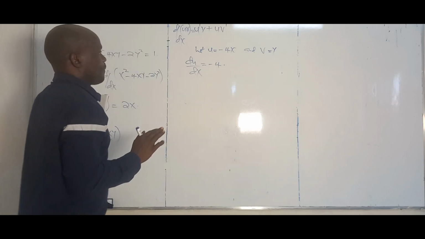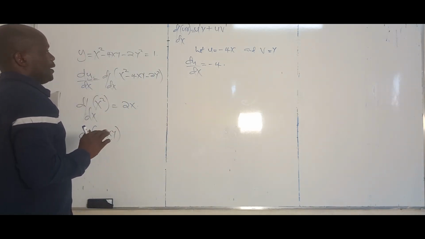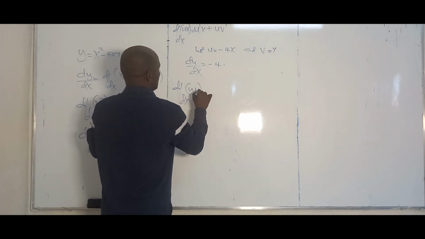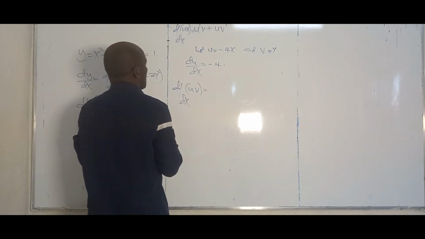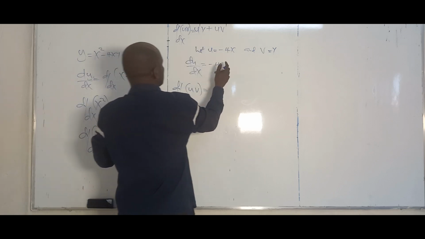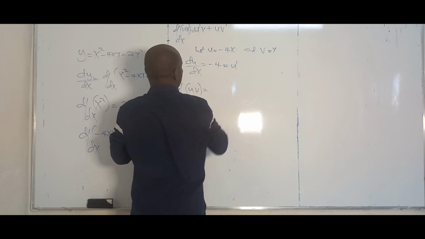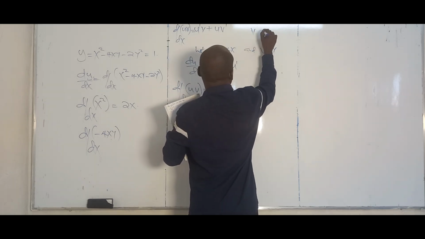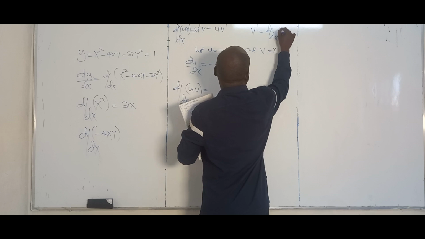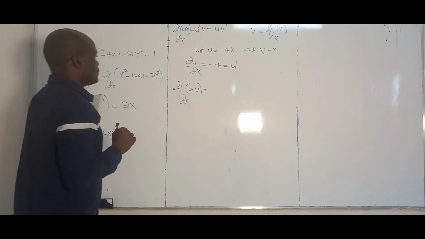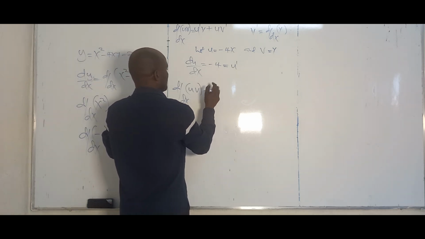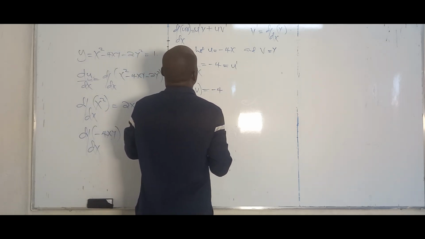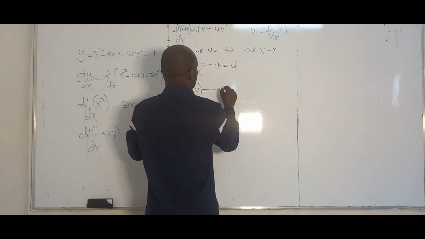Then d/dx of uv will be u prime, which is minus 4, times v, which is y, plus u, which is minus 4x, times v prime, which is d/dx of y.